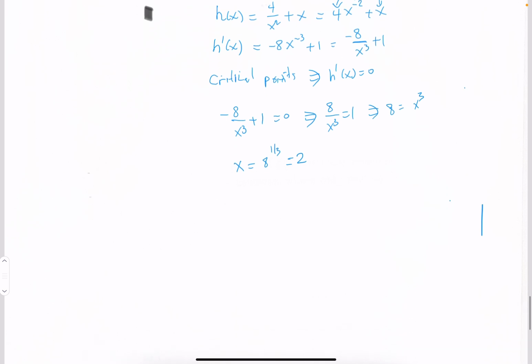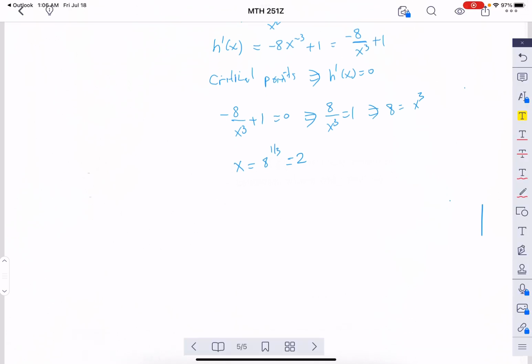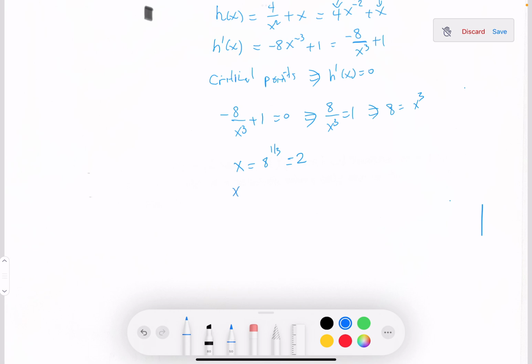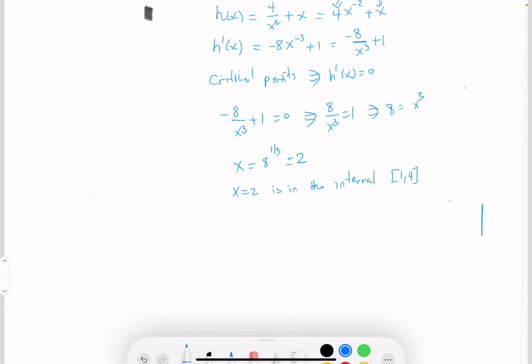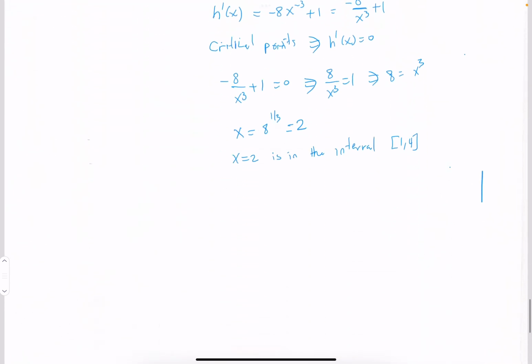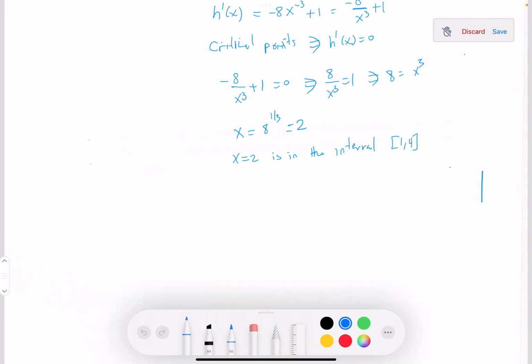So 2 is inside 1 to 4, which means that x equal to 2 is the critical point. Now, let's evaluate h(x) at the critical point.